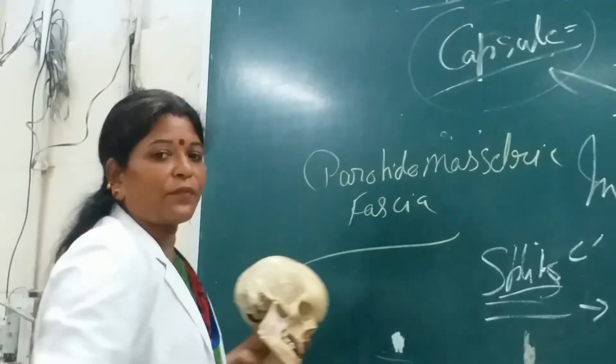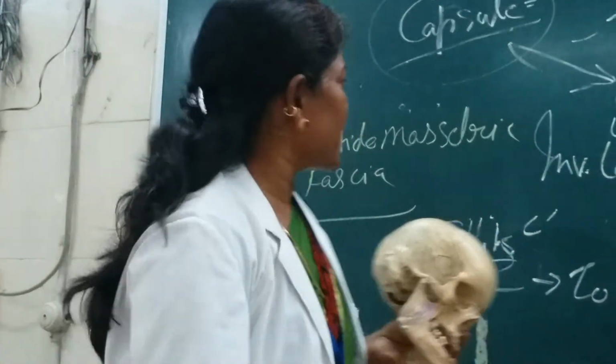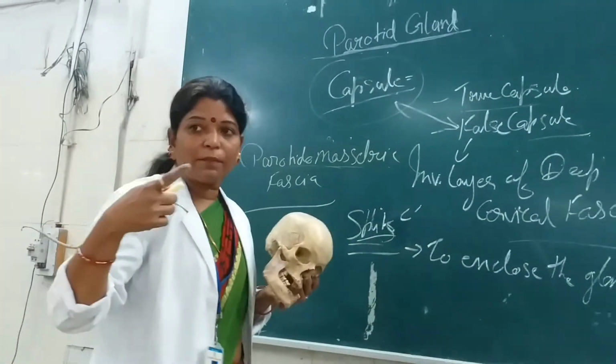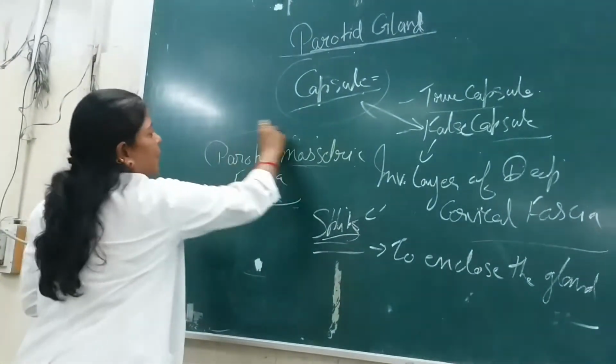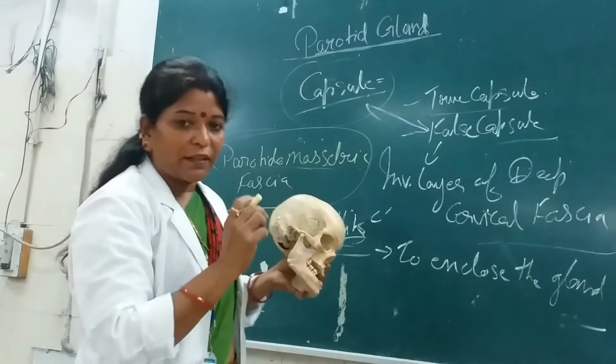Okay, the same superficial lamina of this investing layer of the deep cervical fascia is also adherent to the endomysium of the masseteric muscle. That's why it is known combinedly as the parotidomasseteric fascia. It is very thick.